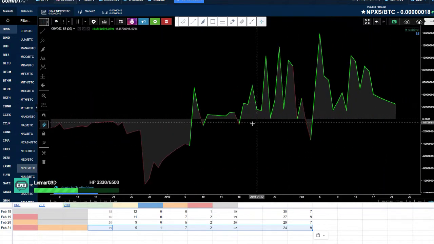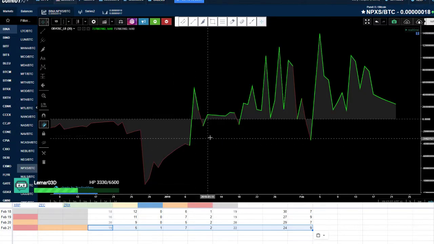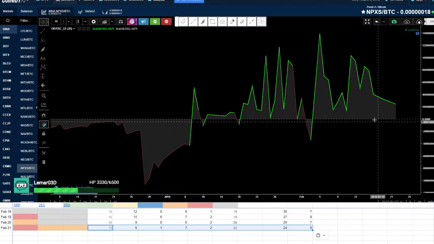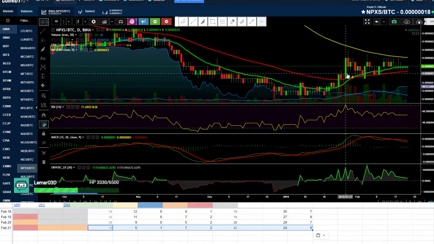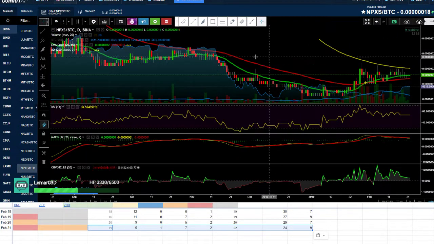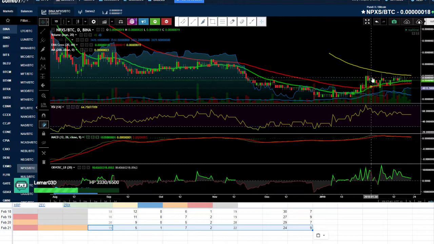This is the on balance volume LazyBear indicator. So on balance, it shows you if the volume of trading is buying or selling. Through all of this year, this has been on balance buying, and it's been sitting pretty much flat. So anybody who's mining it or anybody who's got it from the IPO or ICO or whatever, they are sitting there and just selling and selling and selling as the price comes up.